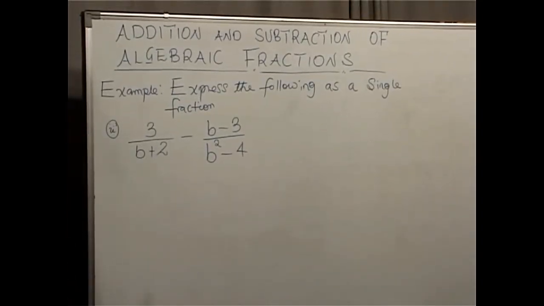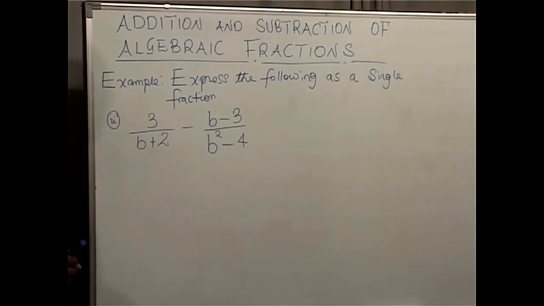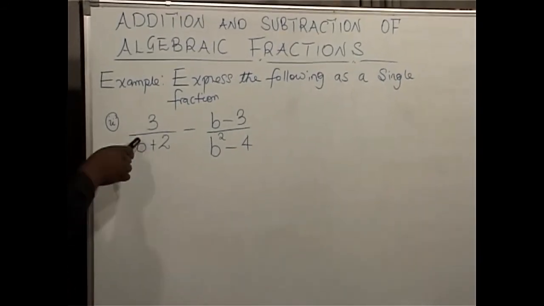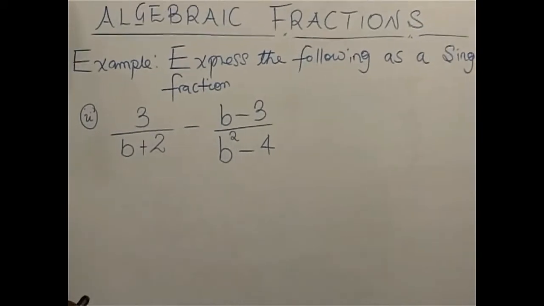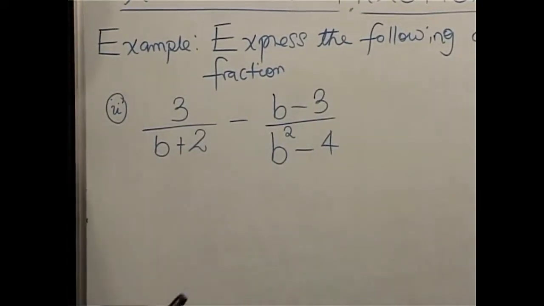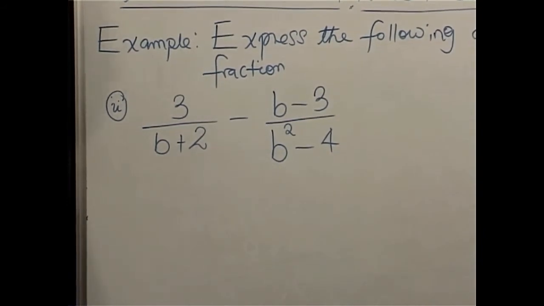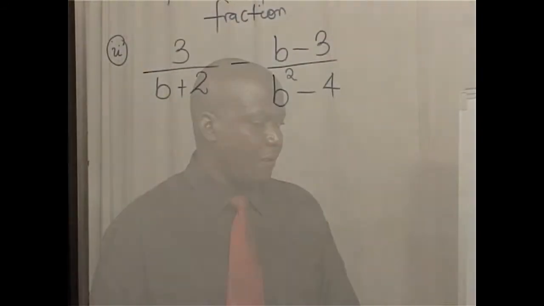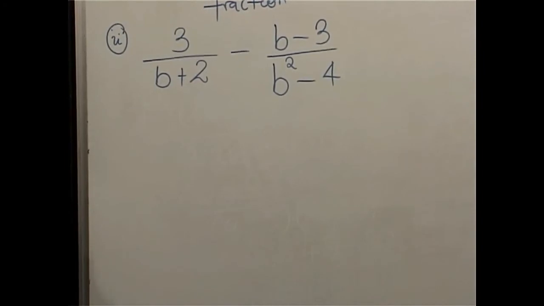So now we have an example which is 3 over b plus 2 minus b minus 3 over b squared minus 4. Let's look at the first denominator, b plus 2. Is it possible for us to factorize?